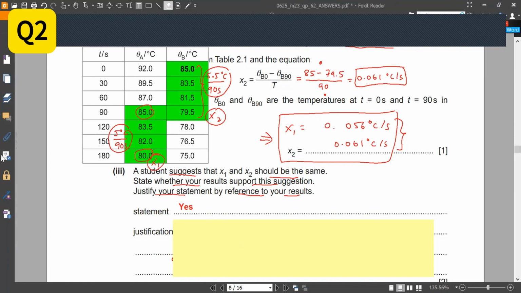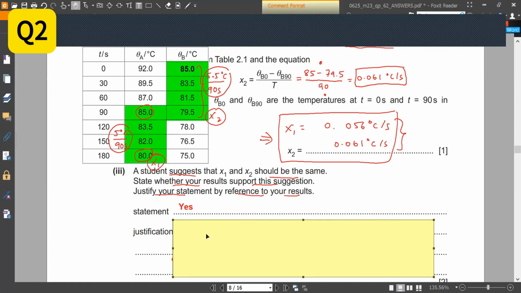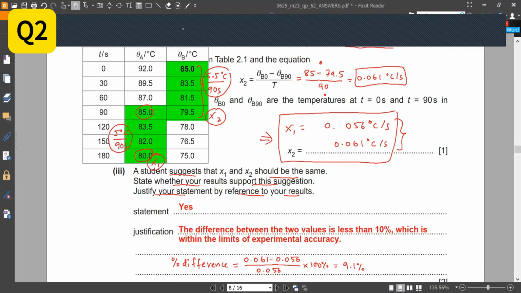So we will do the calculations. If we do the percentage difference calculation: 0.061 minus 0.056 divided by 0.056. We can see the difference is 9.1%.